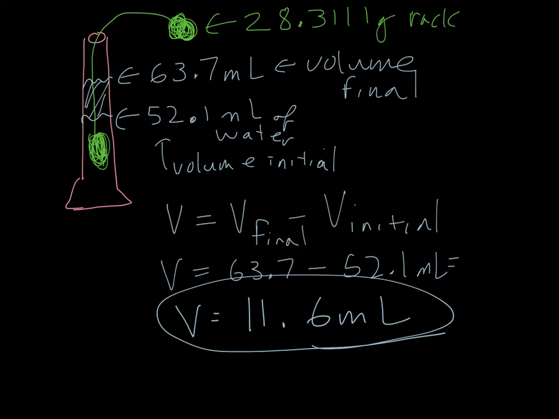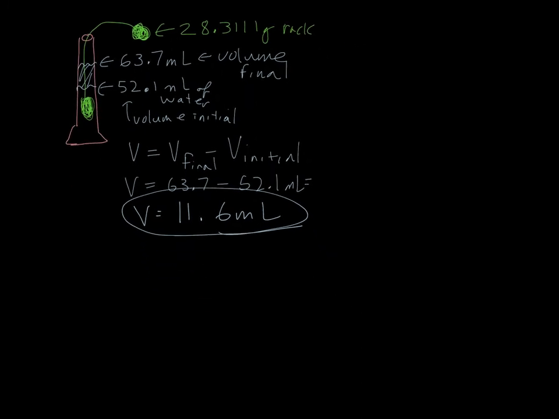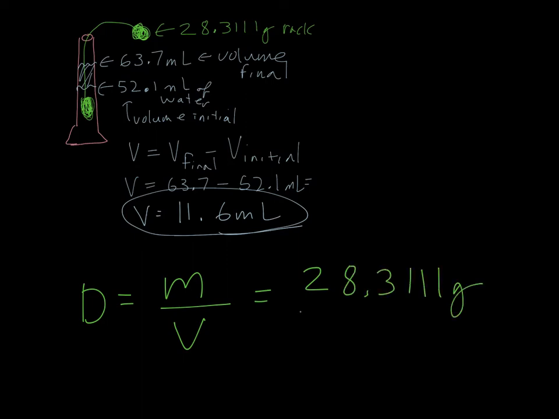Alright, so now we have the volume of our unknown object. So to get our density is simply mass over volume, because the world's densest people work at the DMV. So we have a mass of 28.3111 grams. We have a volume of 11.6 milliliters.